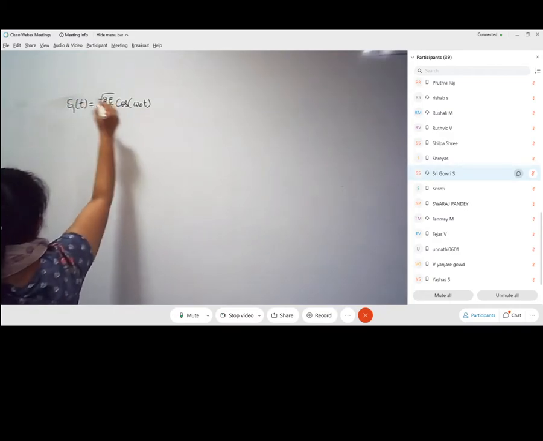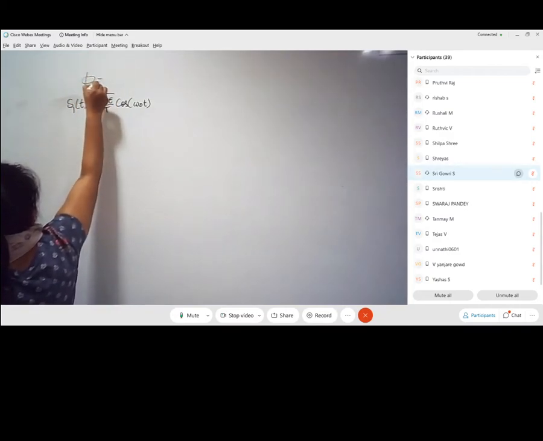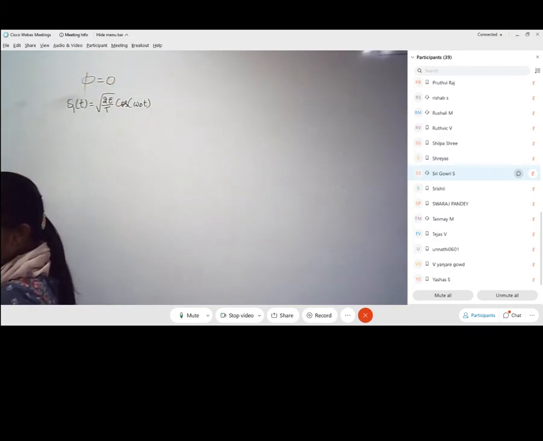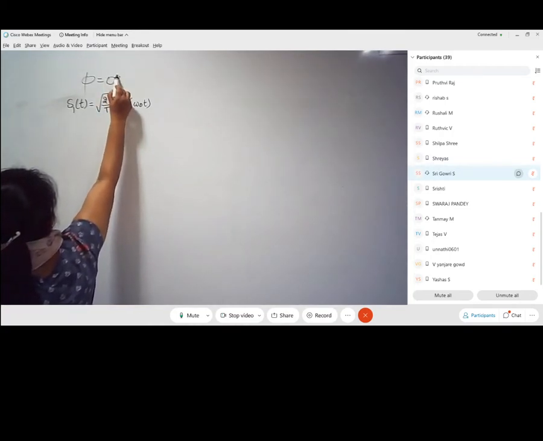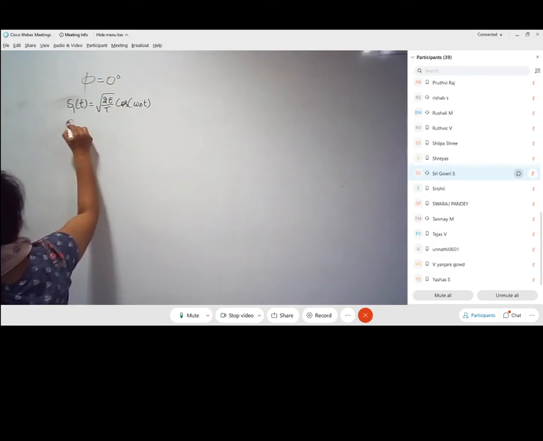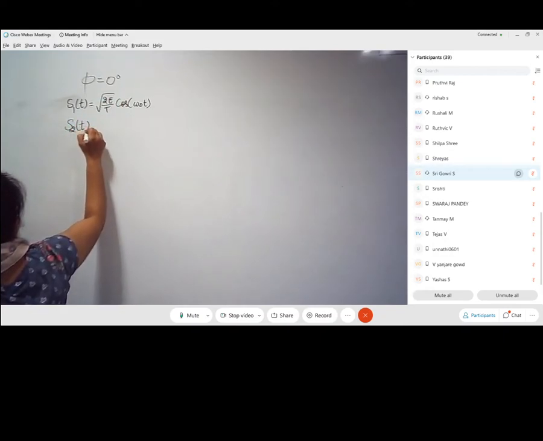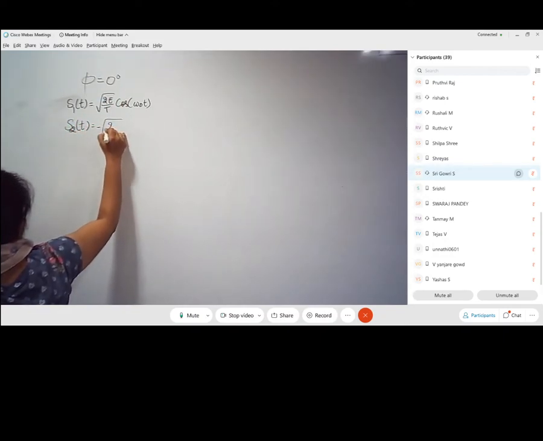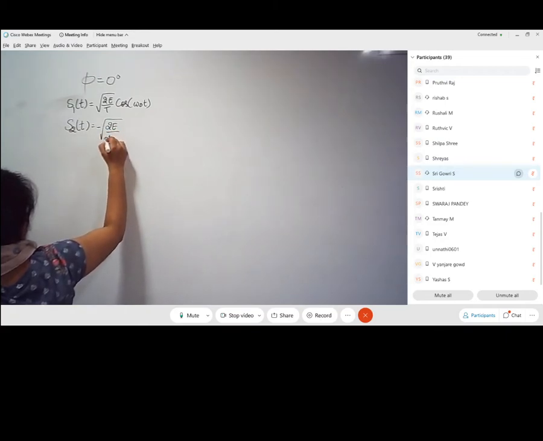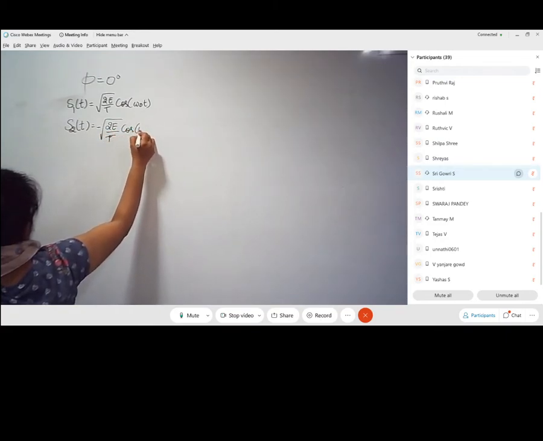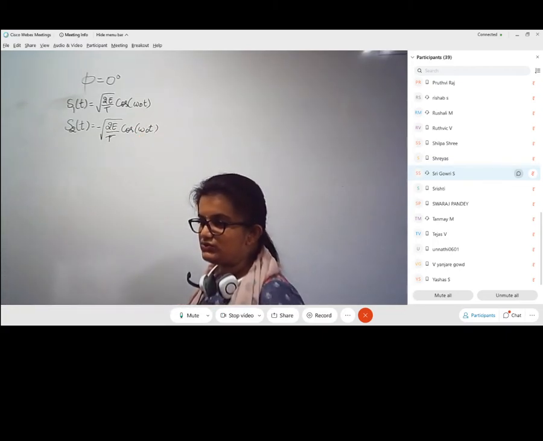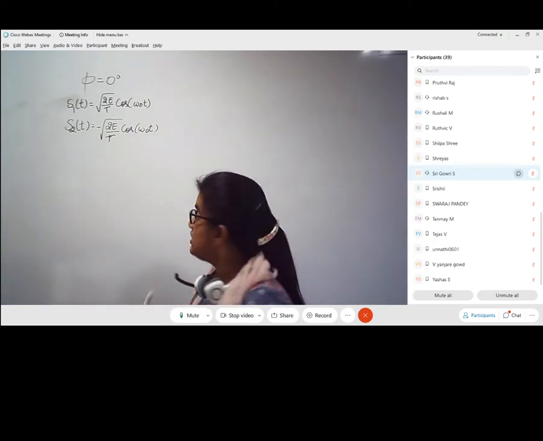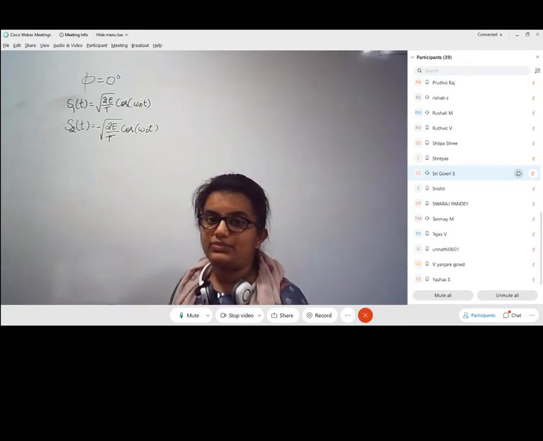I am going to consider phi as equal to 0, that is, the initial phase of the carrier is equal to 0 degrees. This is for simplicity's sake. Therefore, the symbol S2 can be written as minus root 2E by T into cos omega naught t. Now if you compare these two symbols, you can identify the basis function.